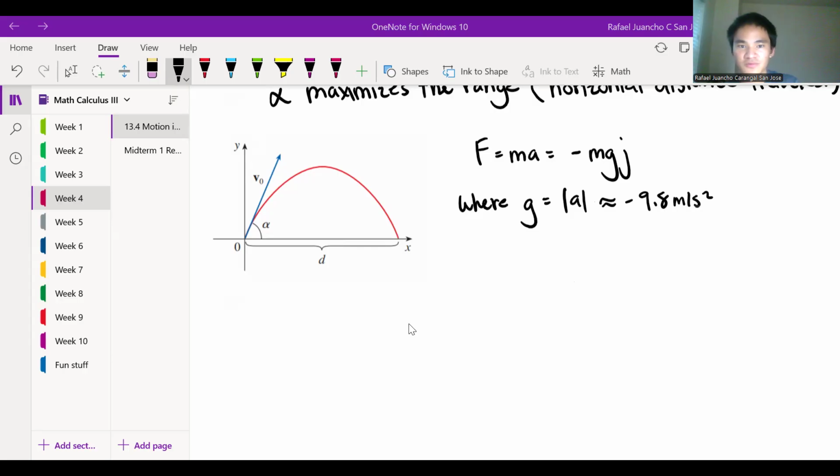And the j, well, because we have a vector going down, right? We'll call it the g vector. And this g vector is actually just 0, negative 9.8, because again, it's going down.